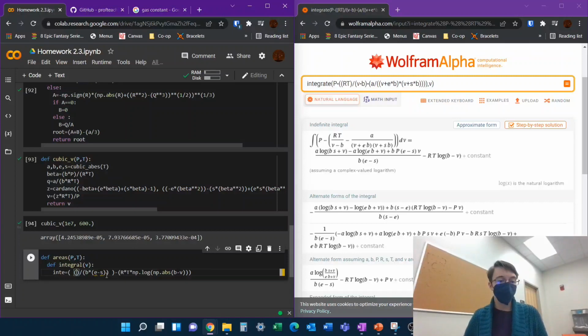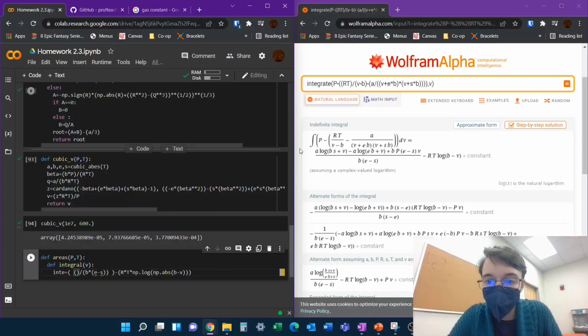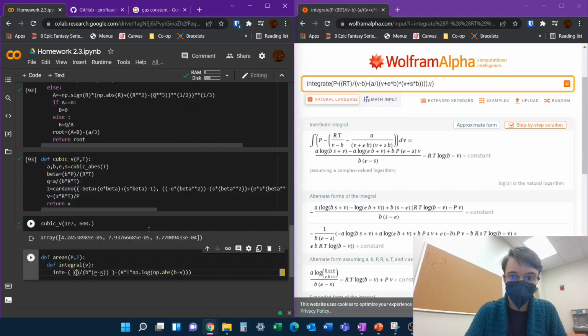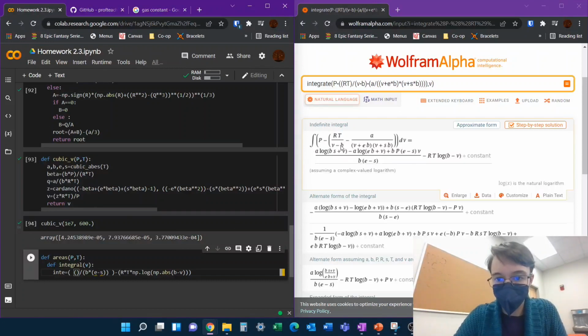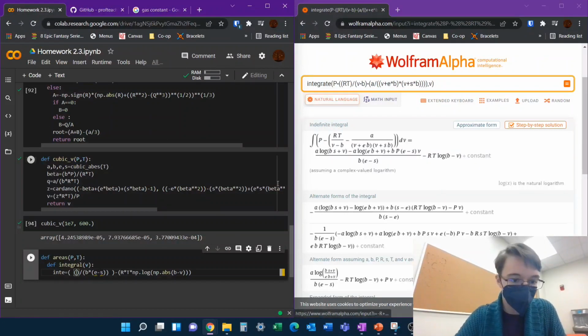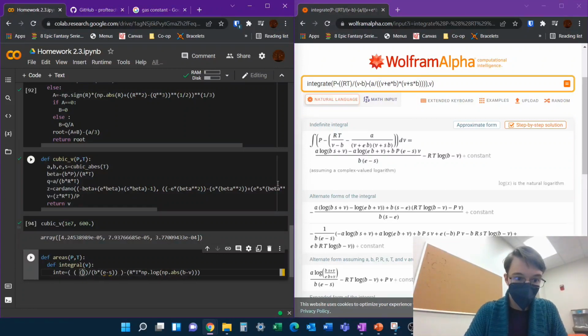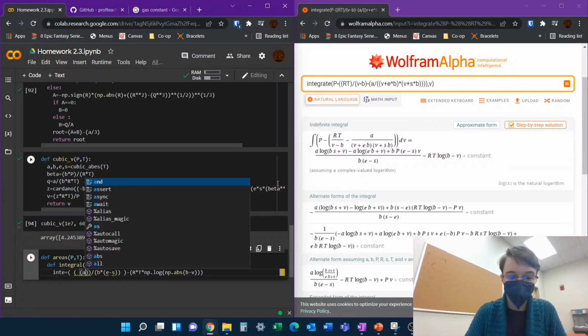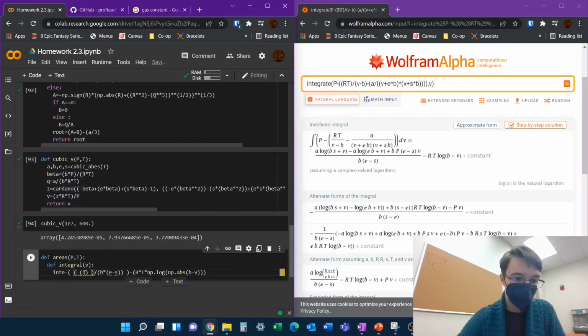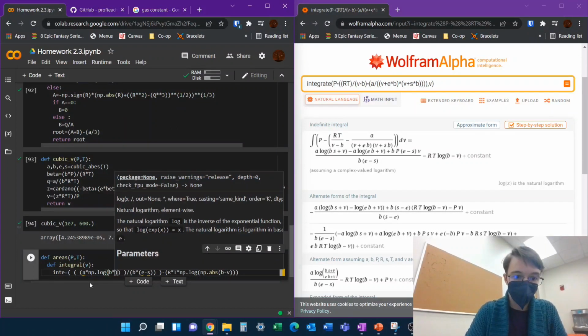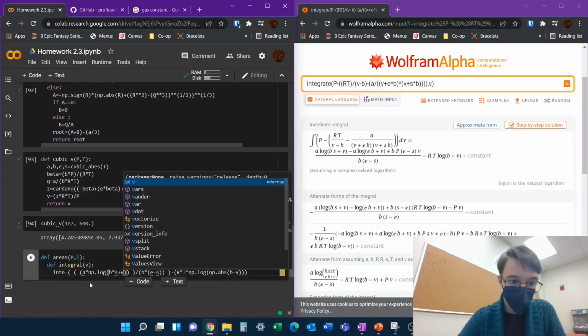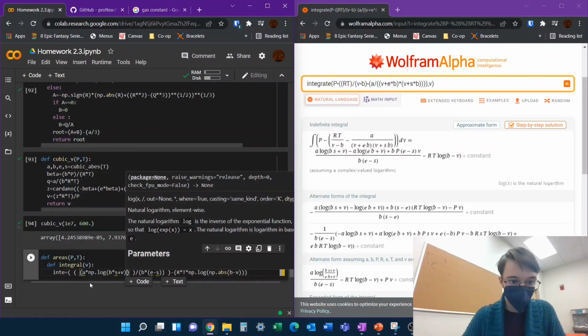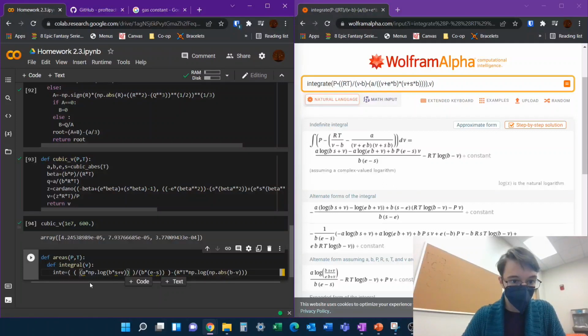So epsilon minus sigma. Okay, so then for our numerator, we're going to have some parentheses around each term just to make sure they all stay separate. So we're going to have A times np.log of B times S plus V. And then we'll subtract that.